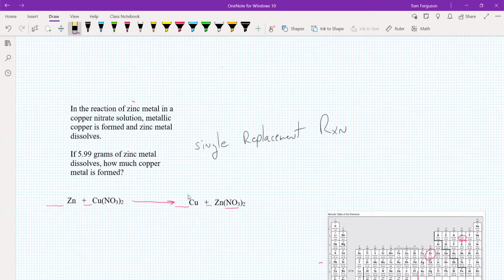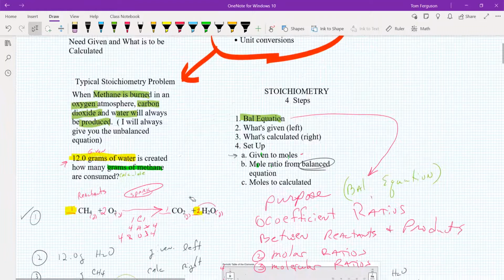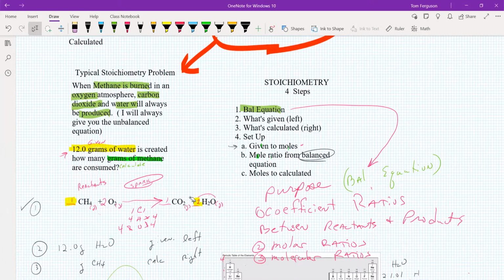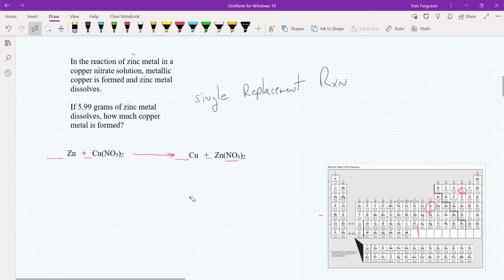So we have our 4 steps of our stoichiometric process: balance the equation, what's given, what's calculated, and the setup. I've given you the unbalanced reaction, so is it balanced? Let's see. 1 zinc, 1 copper, 2 NO3. That's actually balanced as written.